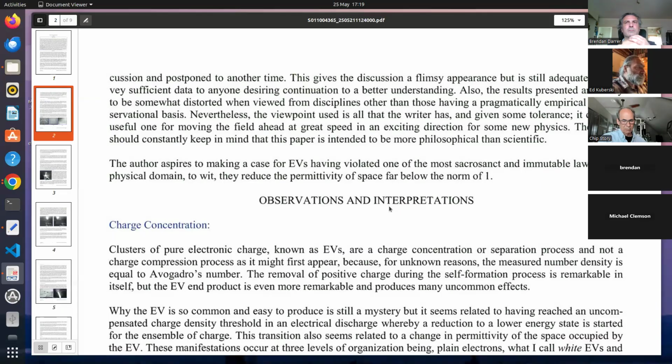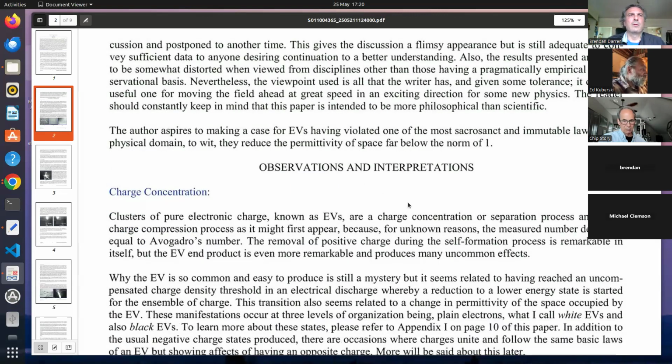Also, the results presented are likely to be somewhat distorted when viewed from disciplines other than those having a pragmatic, empirical, or observational basis. Nevertheless, the viewpoint used is all that the writer has, and given some tolerance, it can be a useful one for moving the field forward at a greater speed in an exciting direction for some new physics.